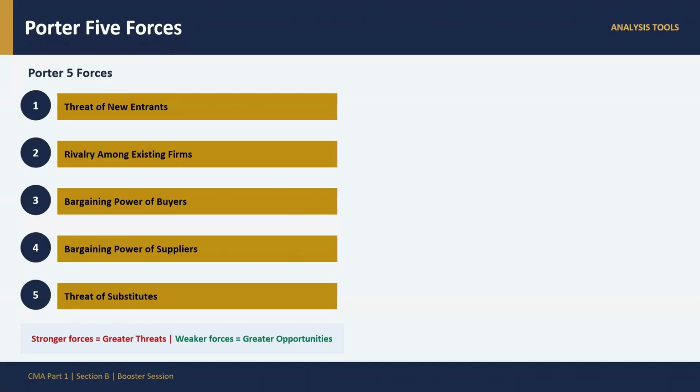Then comes bargaining power of suppliers. So think in the perspective of the suppliers. If you have hundreds together of buyers waiting for your raw materials, then you will have a choice. You will sell it to the buyer who will pay you the highest. Again, you will have a choice. Suppose you have only one buyer who is purchasing from you.